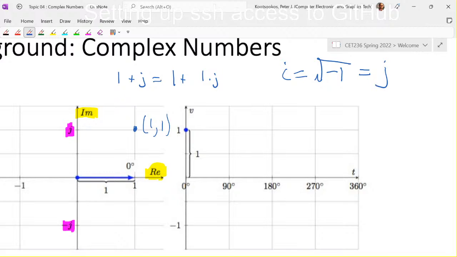Now, one thing we're interested in is, in real life, there's really no such thing as an imaginary voltage. Right? I can't get a multimeter out and put it on the imaginary voltage axis and measure imaginary voltages.